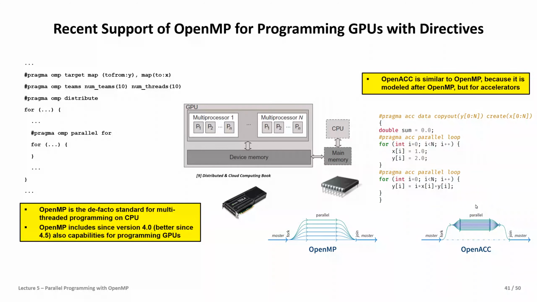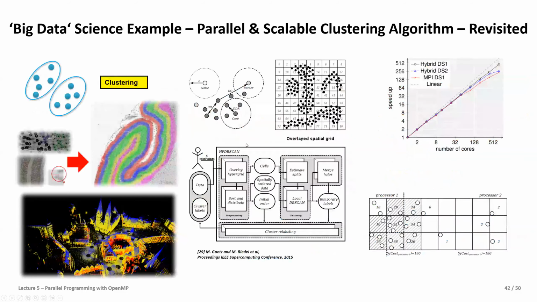Hence, there's a language called OpenACC, which is for accelerators, with very similar pragma statements, but extending these to accelerators, where you again have to copy the data out to the device and then have the kernel operating on the GPU. And then you can do the same on the parallel loop, outsourcing this to the device memory and the accelerators. So this will be more a topic for the next lecture, hence just the motivation for lecture 6, when we talk about accelerators much more.